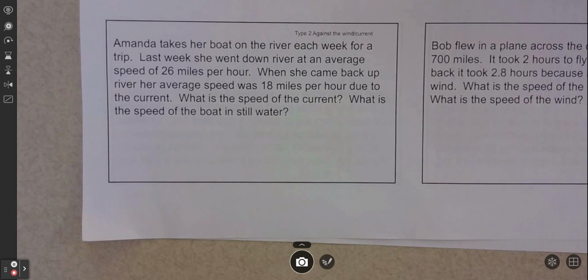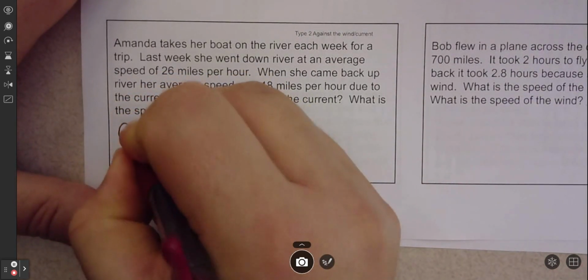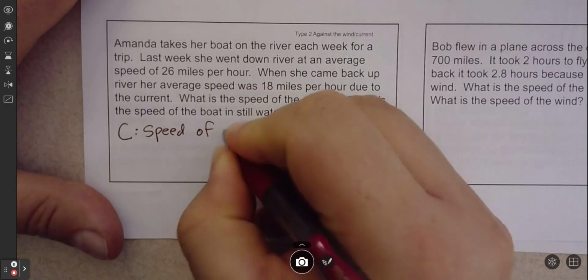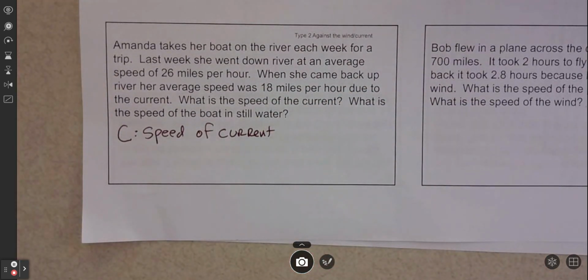Those last two sentences are huge hints on what our variables are. Can someone guess what one of our variables is? Speed of the current. So I'm going to do C for speed of current. Someone want to guess the other variable?